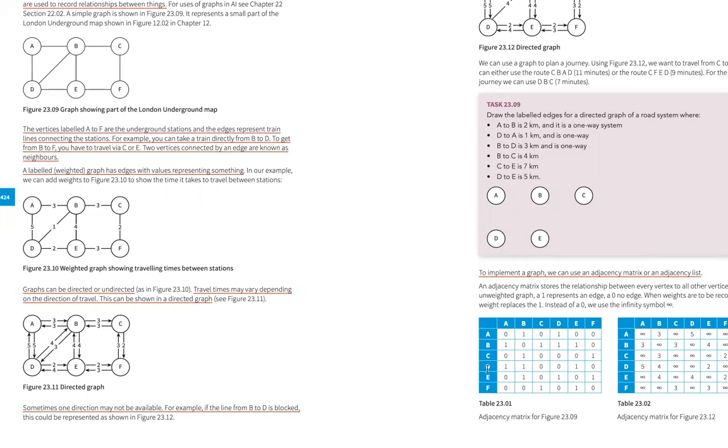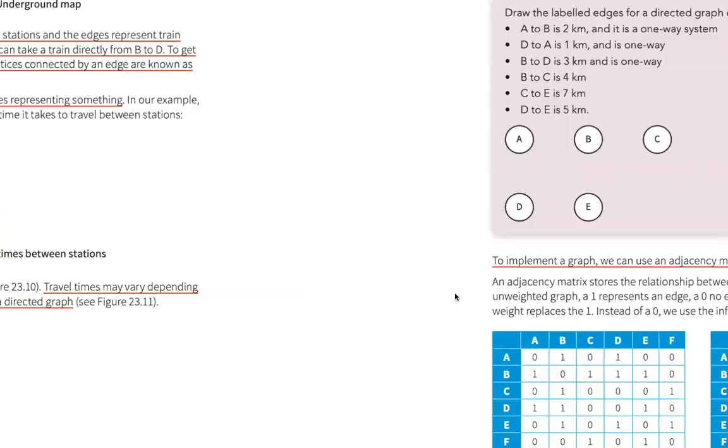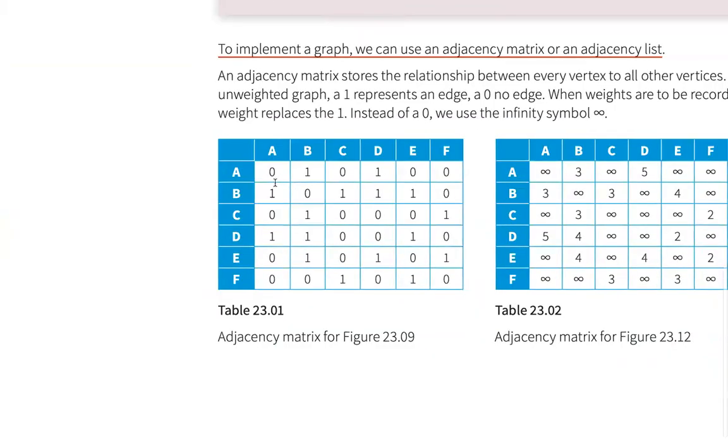Same thing goes with D. D is directly connected to A, D is directly connected to B, and D is then connected to E. Finally, F is directly connected to only C and then E. So this matrix is simply representing whether I am directly connected to a particular vertex, true, or not directly connected to a different vertex, labeled with a 0.